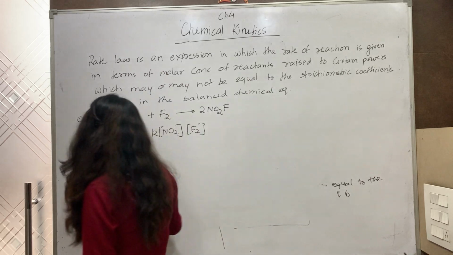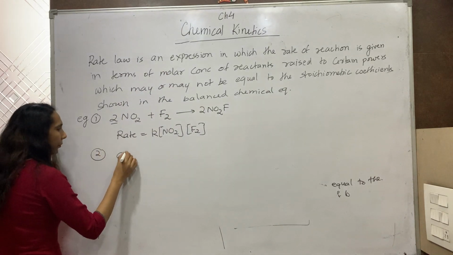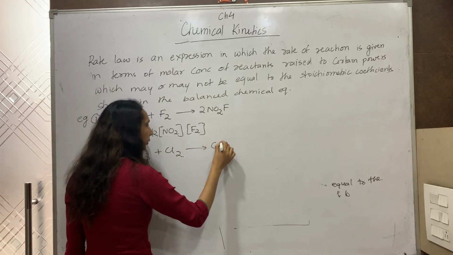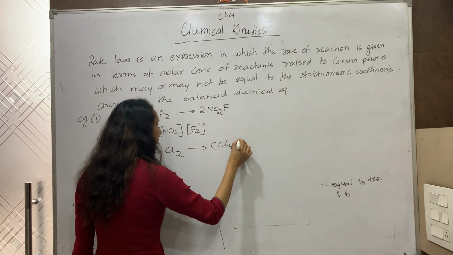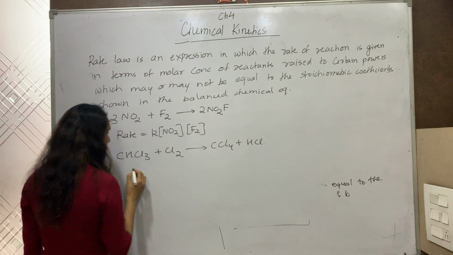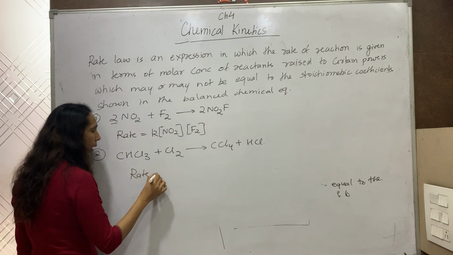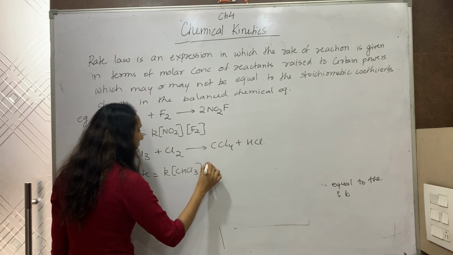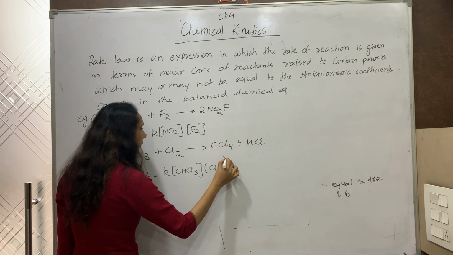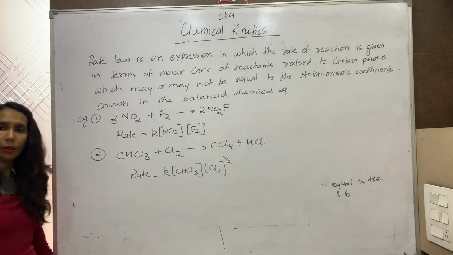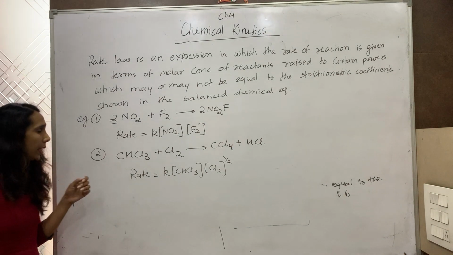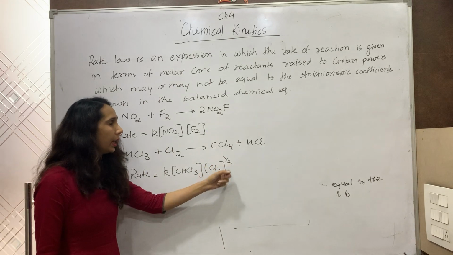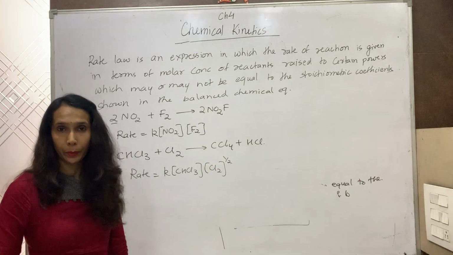Let us take one more example. This is the reaction. Rate is equal to k[CHCl3][Cl2] to the power half. Now you can see here the stoichiometric coefficient is 1, but here it is 1 by 2.